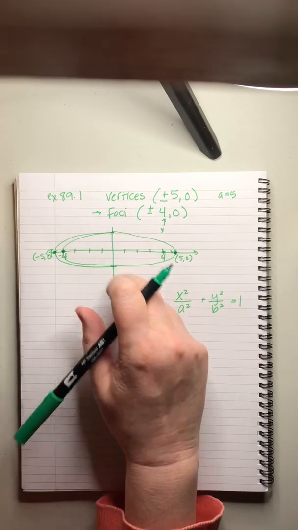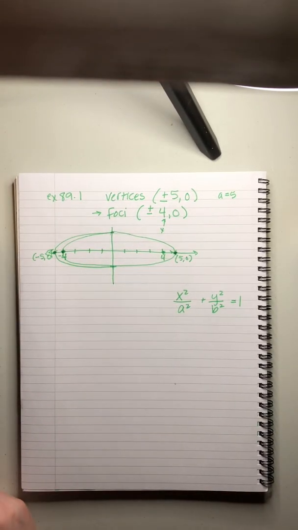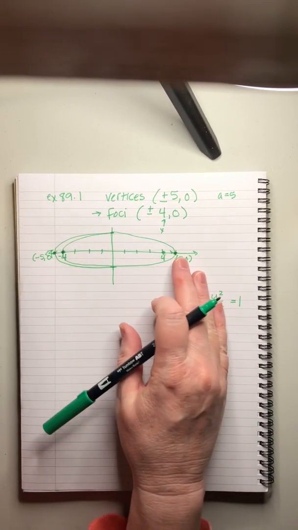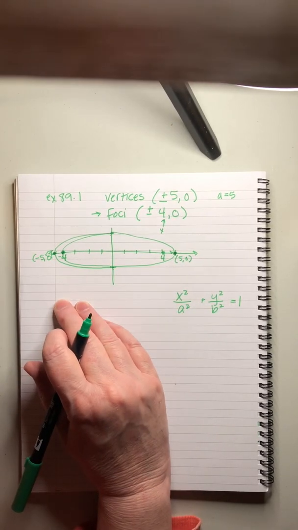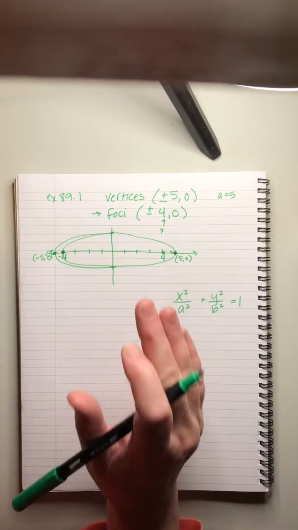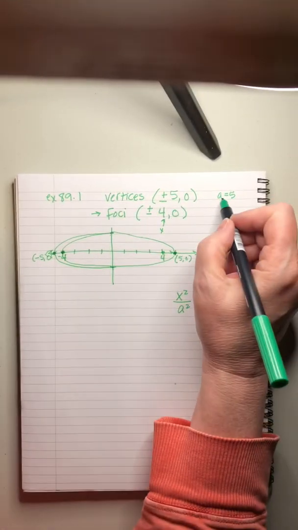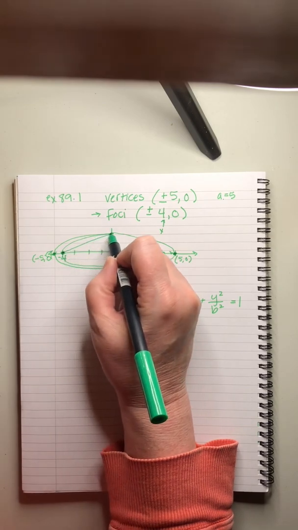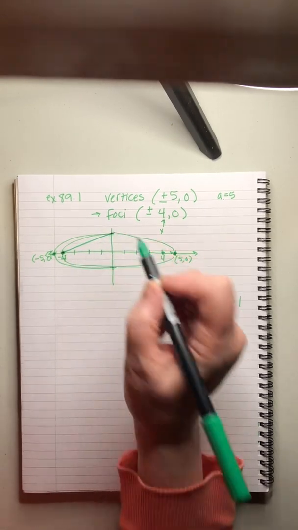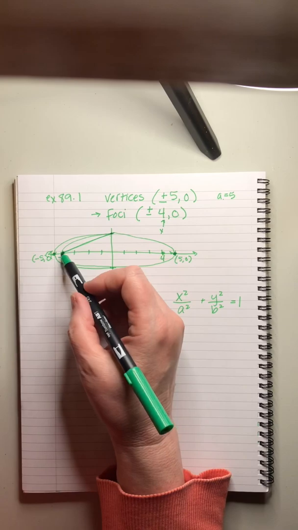I just kind of drew it in there, but I just guessed. I know it's less than 5, but I don't know what that number is. We have to figure it out. Well, here's the way we can do it now. We can take advantage of this fact that we figured out, that this distance from here to here is also equal to A, right?